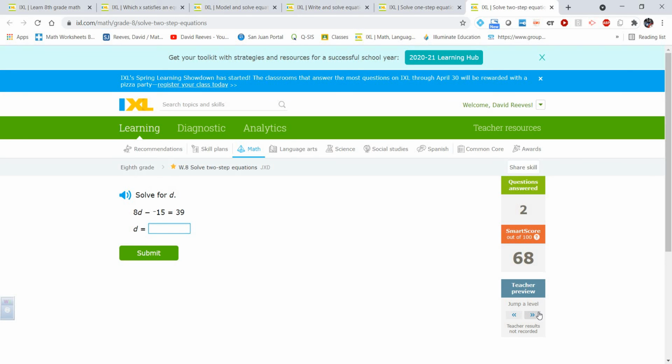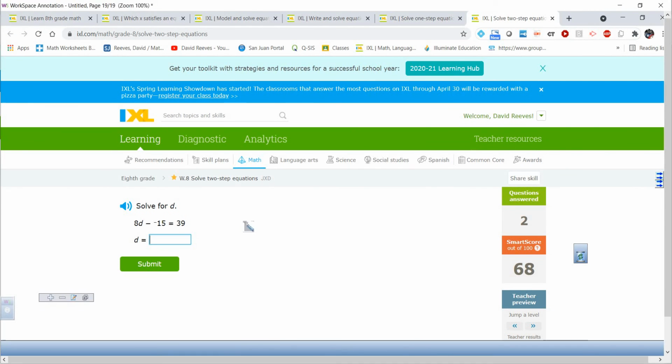All right, same kind of idea. Remember, subtracting a negative is the same as adding a positive. So I'm going to rewrite this as 8d plus 15. Okay, subtracting a negative, same as adding a positive. And then what am I going to do? The opposite operations in the opposite order.